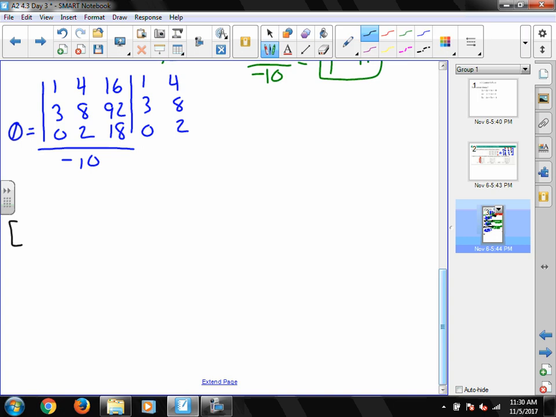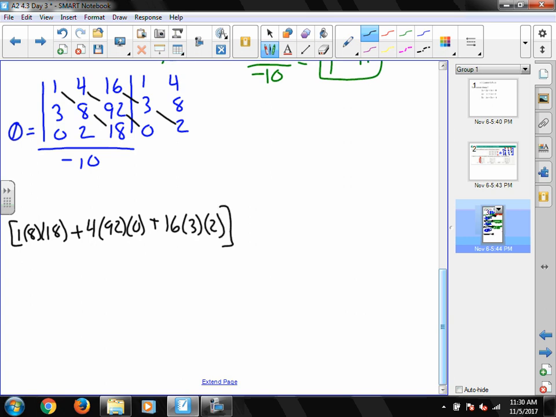Try and speed this up a little bit. So 1, 8, 18 plus 4, 92, and 0 plus 16, 3, and 2 minus, in green, 0, 8, and 16 plus 2, 92, and 1 and 18, 3, and 4.